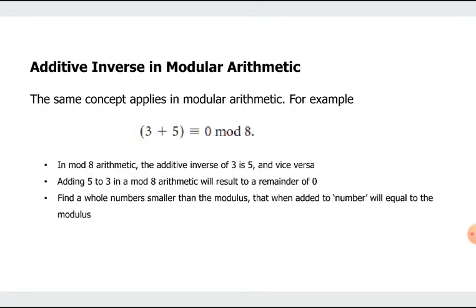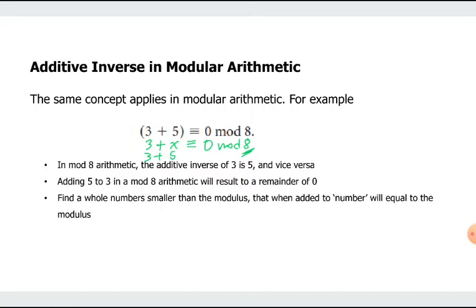What is the number that can be added to 3 such that this congruence will be true? If I divide that by 8, since I'm working in modulo 8 arithmetic, the remainder will be 0. And it has to be less than 8. So obviously it's 5. 3 plus 5 is 8. 8 divided by 8 is 1, remainder of 0.